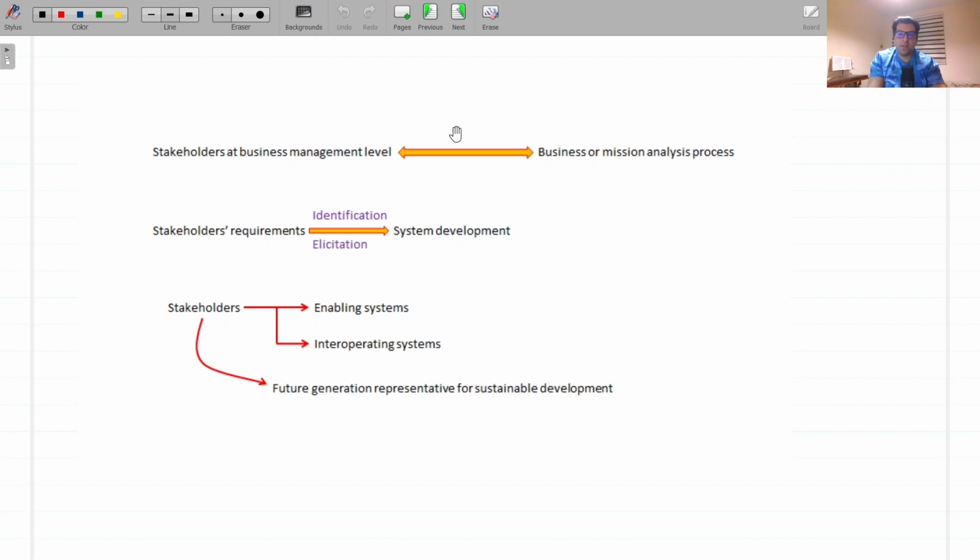Identify stakeholders. Systems engineers engage with legitimate stakeholders of the system. The major stakeholders at the business management level will have been nominated during the business or mission analysis process. Here, systems engineers are interested in identifying stakeholders from the business operations level.